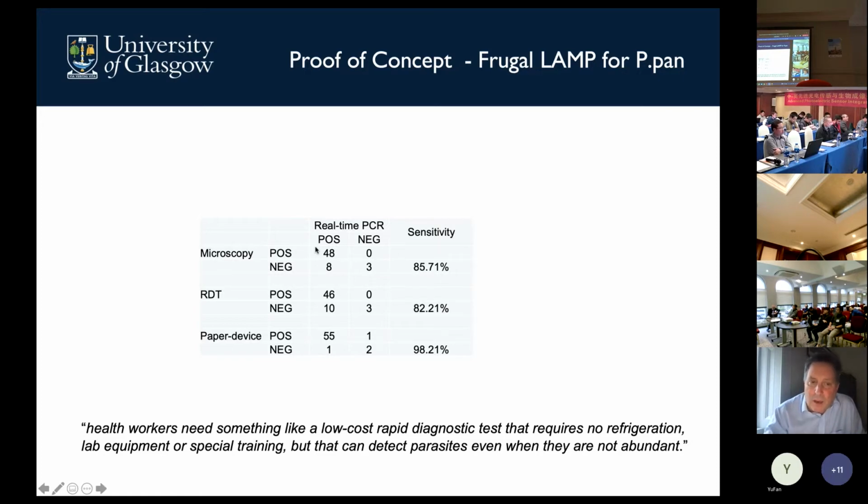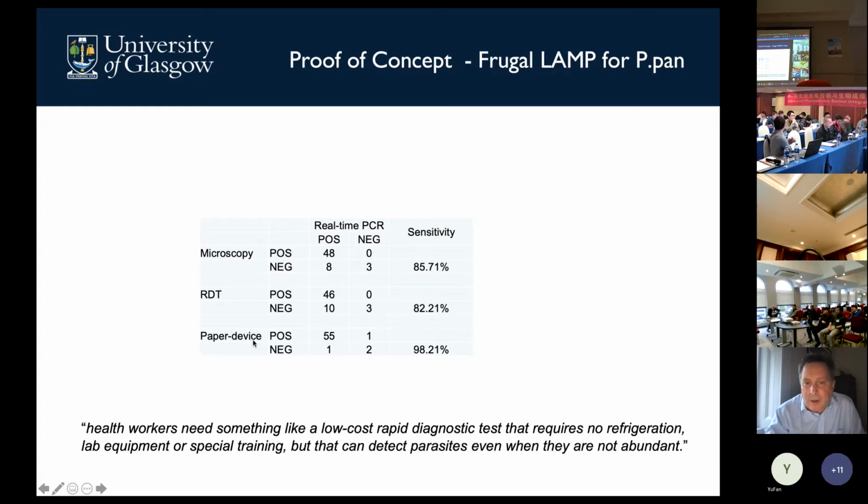Then we have our lateral flow immunodiagnostic tests, and you can see here that roughly 18 in 100 cases are misdiagnosed within those lateral flow immunodiagnostic tests used for malaria testing.